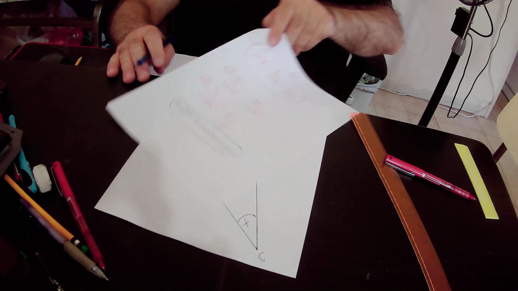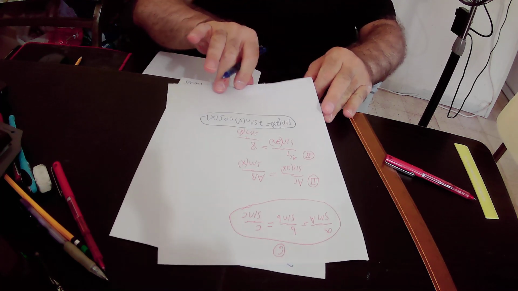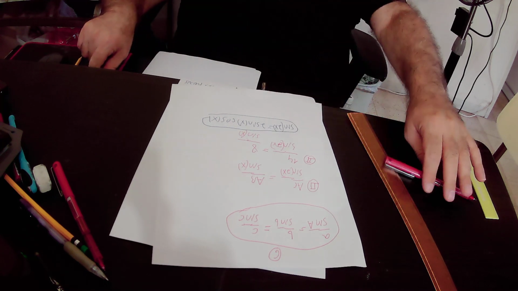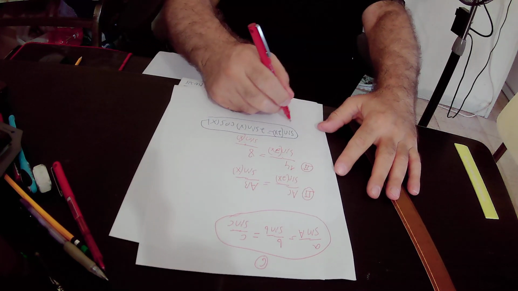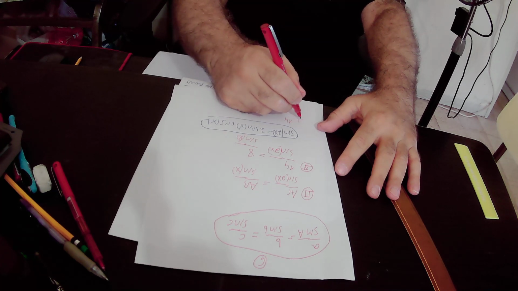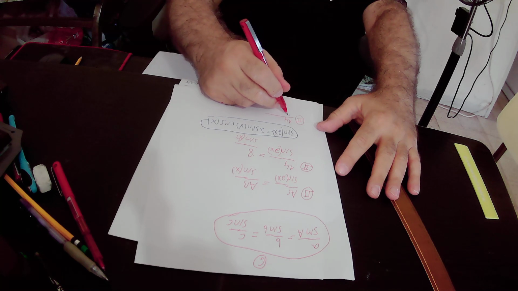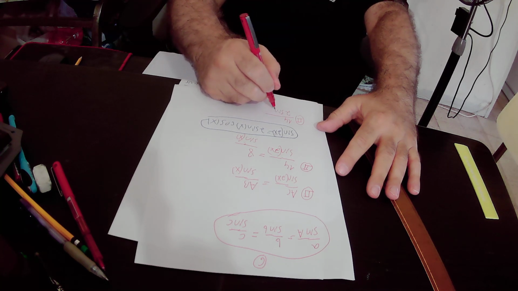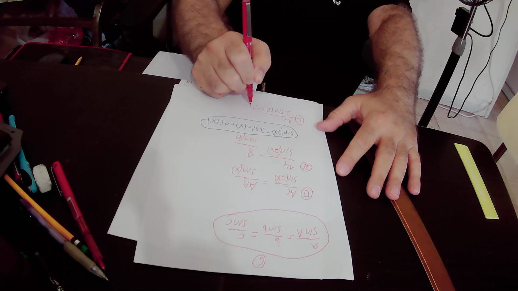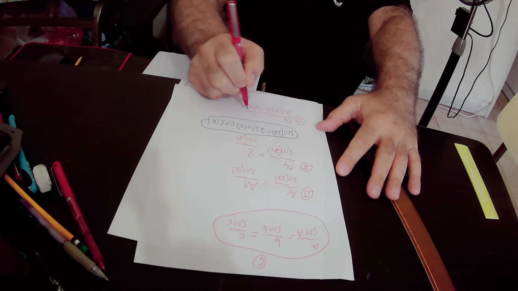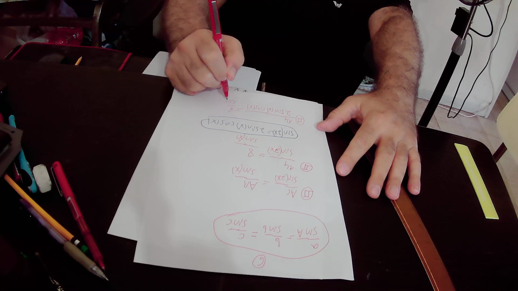So we can write down that 14 over sine 2x, that equals 14 over 2 sine x times cosine x, equals 8 over sine x.